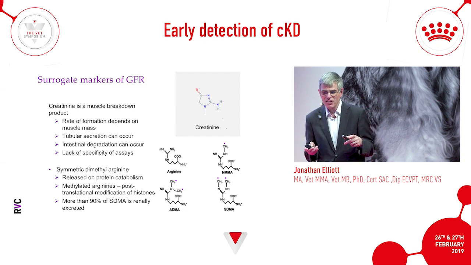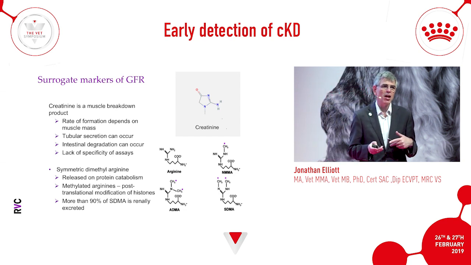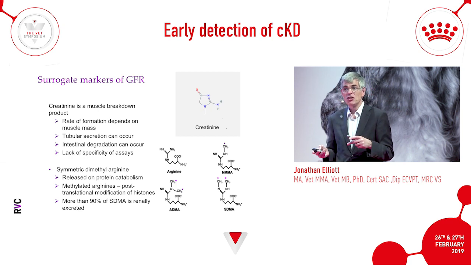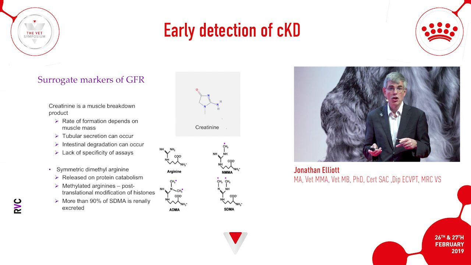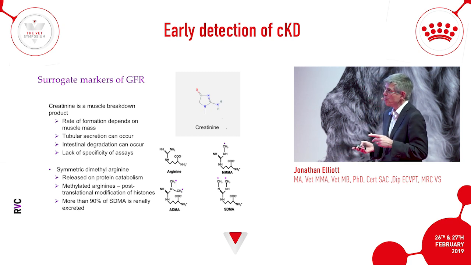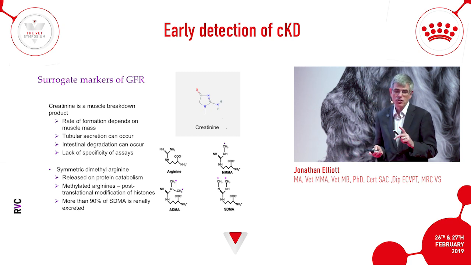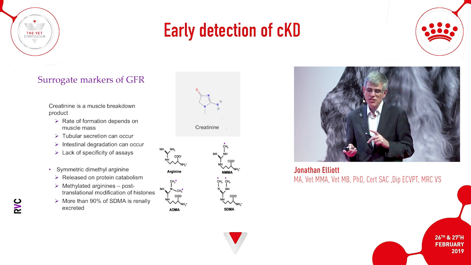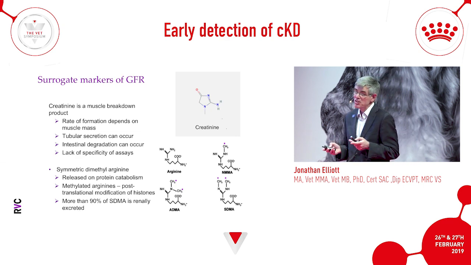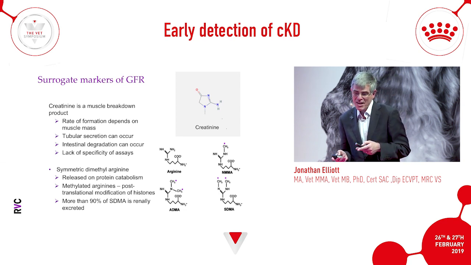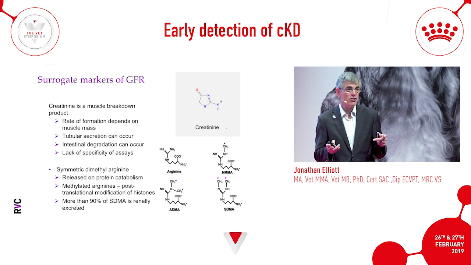And so these are some of the technical things that you need to be aware of, but many people are used to using creatinine, use the same laboratory, and can tell whether creatinine is changing over time, which is a good indicator of deterioration of kidney function, provided the animal isn't losing weight at the same time and losing muscle mass. But because of the problems with creatinine, IDEXX have launched a method for measuring symmetric dimethylarginine. And symmetric dimethylarginine is a product of cell metabolism, of protein catabolism, where the proteins have been methylated at the arginine residue of those proteins.